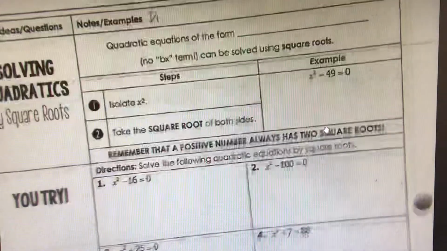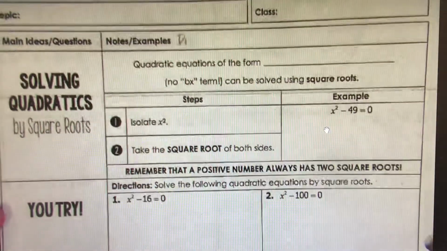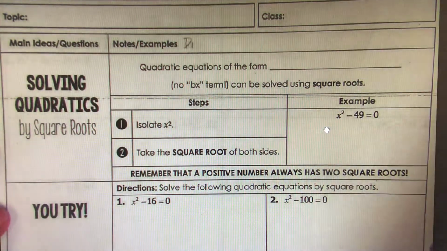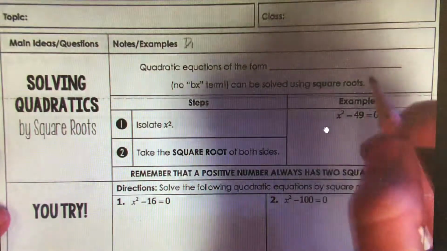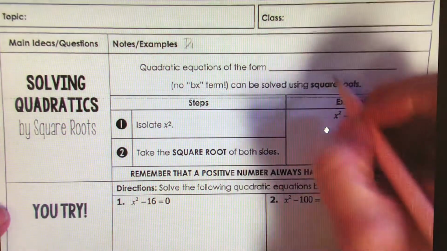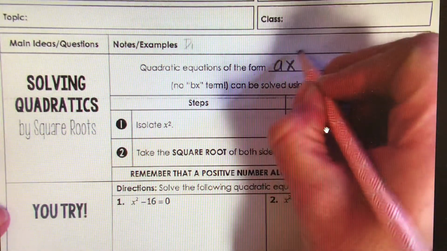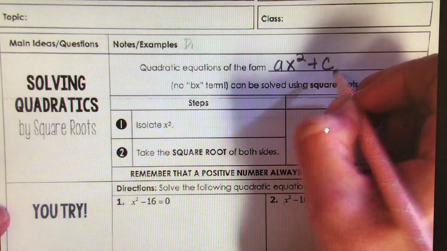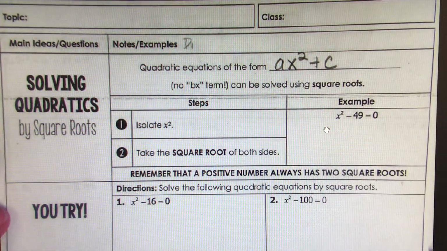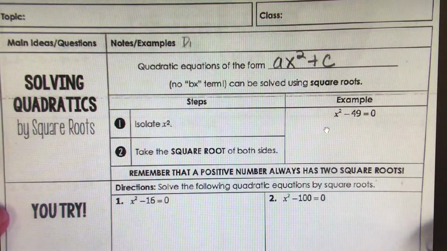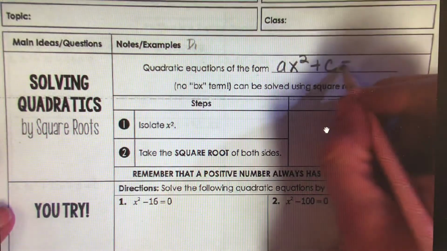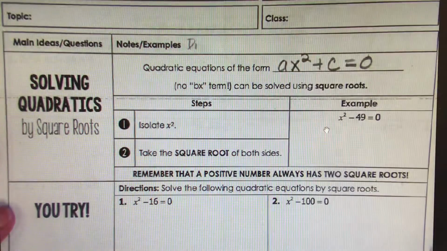So quadratics of the form ax squared plus c equals 0.